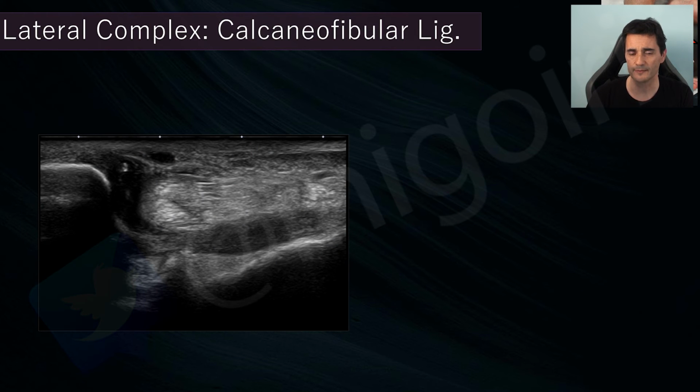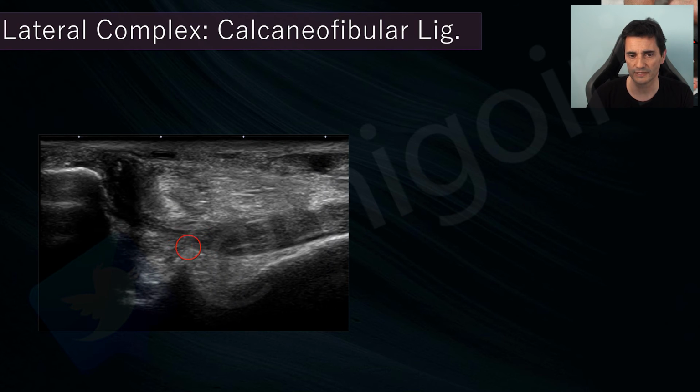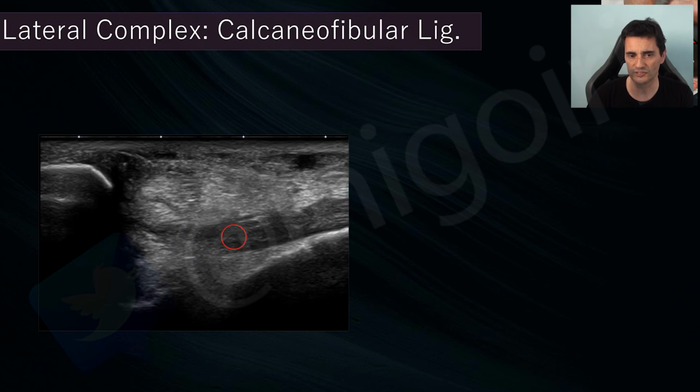we're going to see another example. This is the fibula, this is the calcaneus, and the peroneal tendons, and you see this hypoechoic thickened ligament here. Okay, and we are going to check its behavior with dynamic maneuvers. There's no good tension.